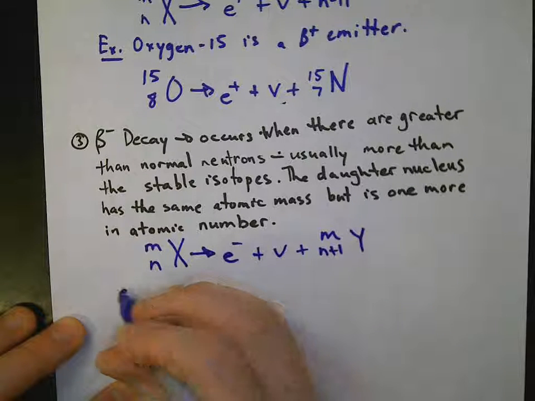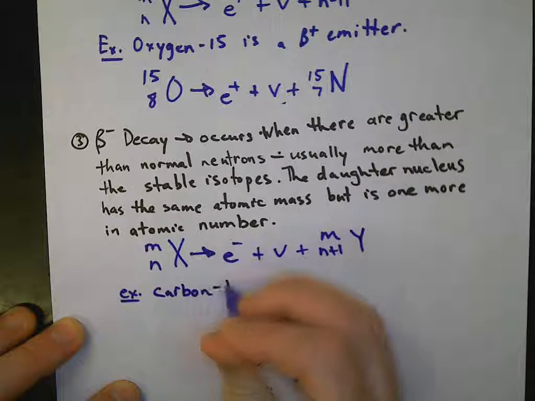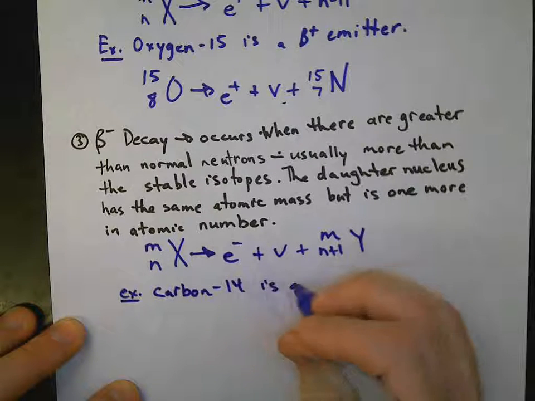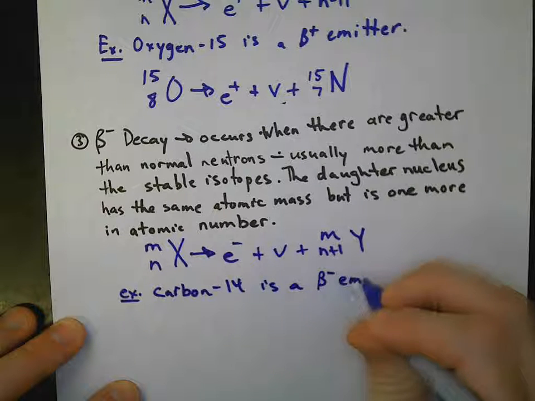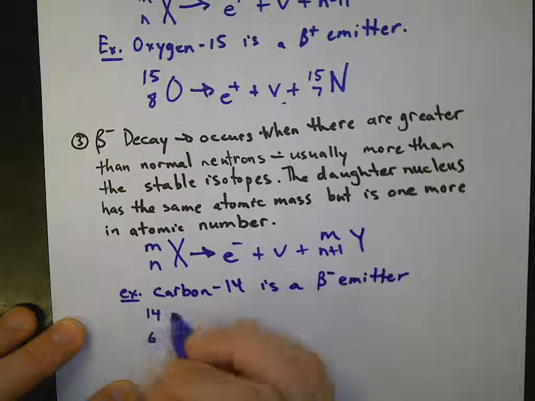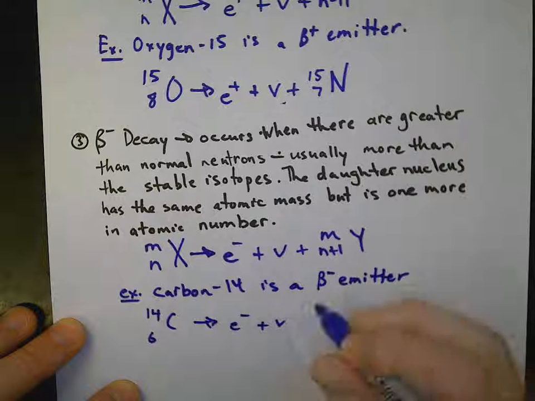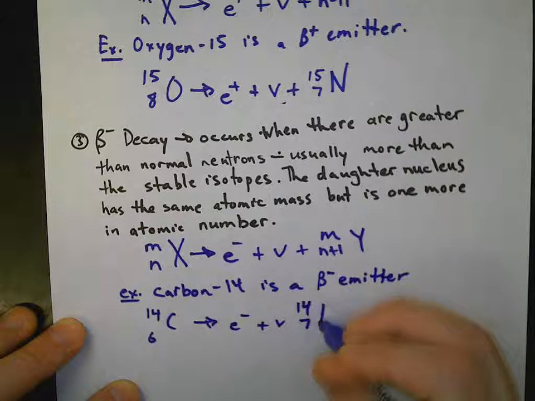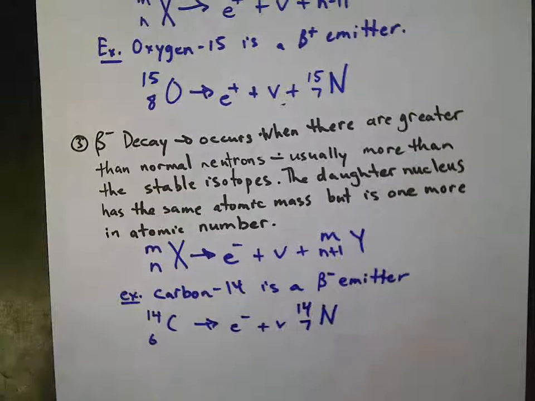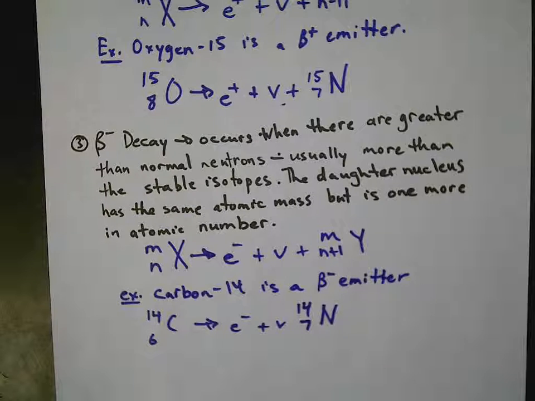And an example is that carbon-14 is a beta-negative emitter. So when carbon-14 undergoes beta-negative decay, we get, yet again, an isotope of nitrogen with atomic mass of 14, which is the same as carbon-14, and atomic number 7.